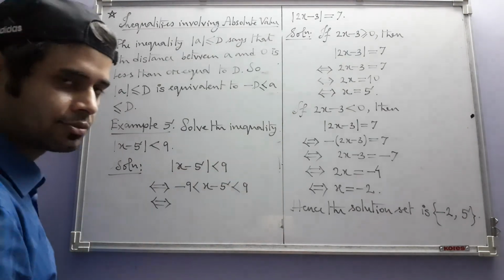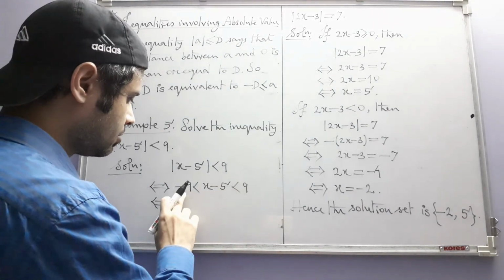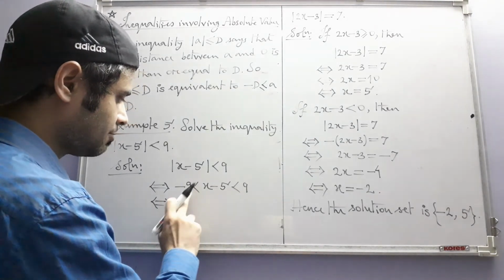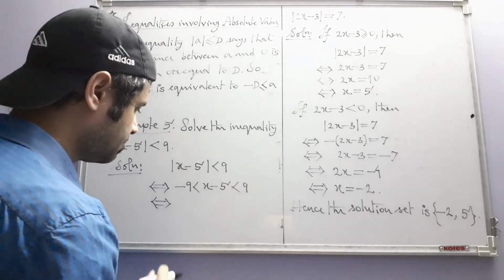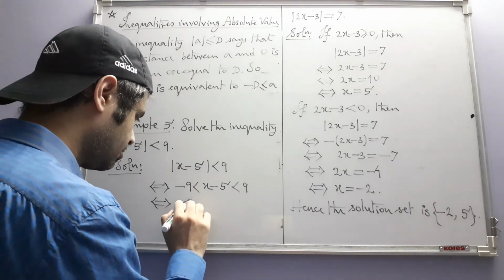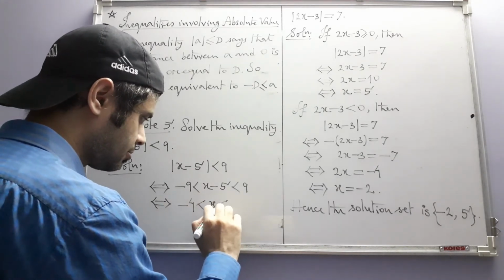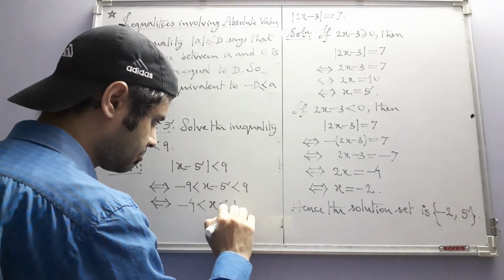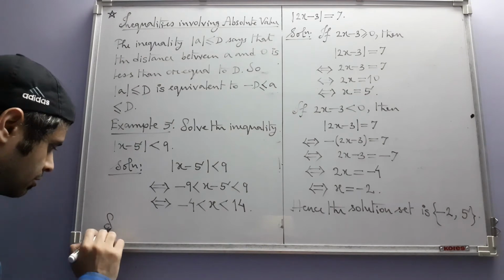Now add 5 throughout. Here we have two inequalities, right? So add 5 on both sides of this inequality, also on both sides of the second one. So here we will have minus 4 less than x less than 14.